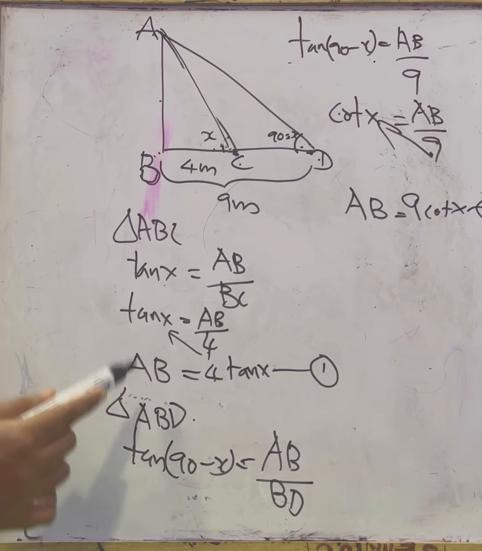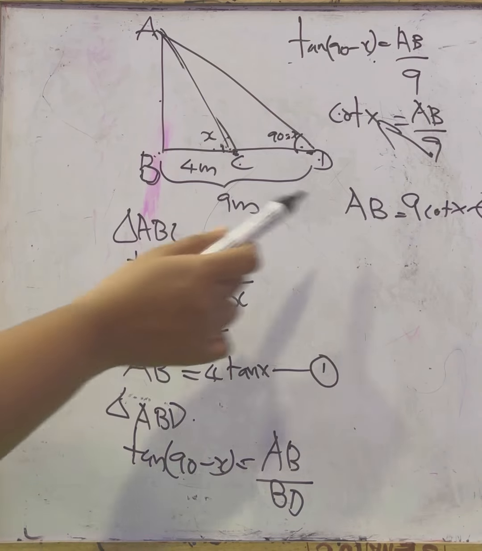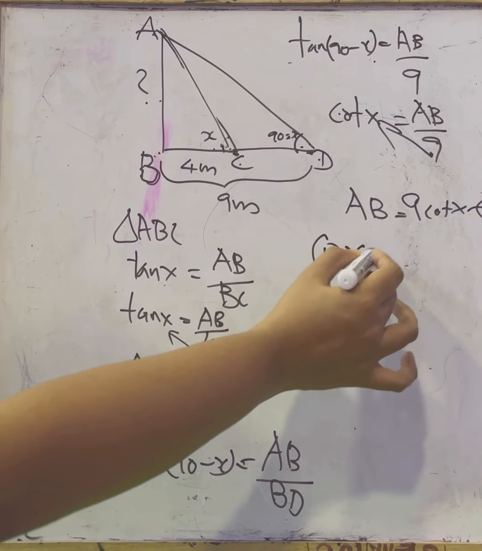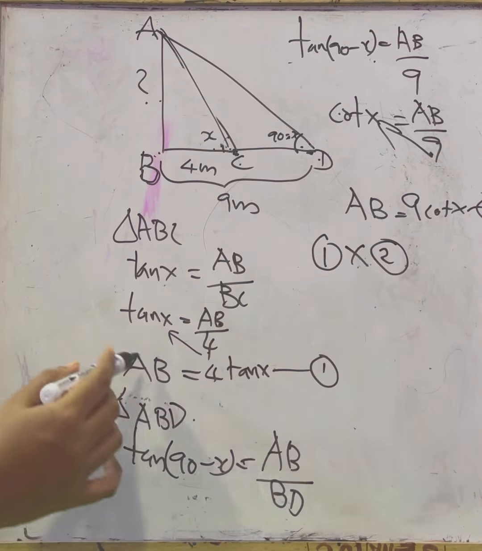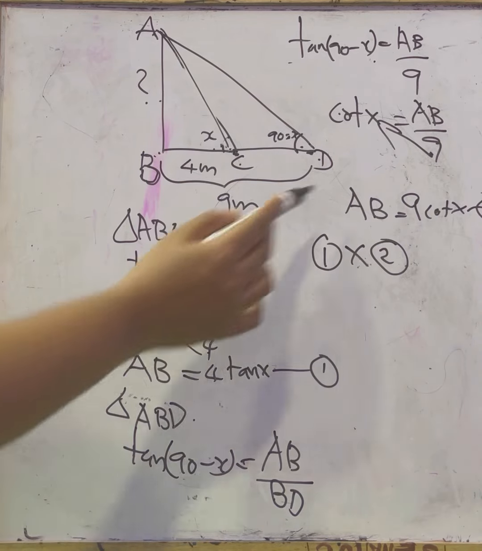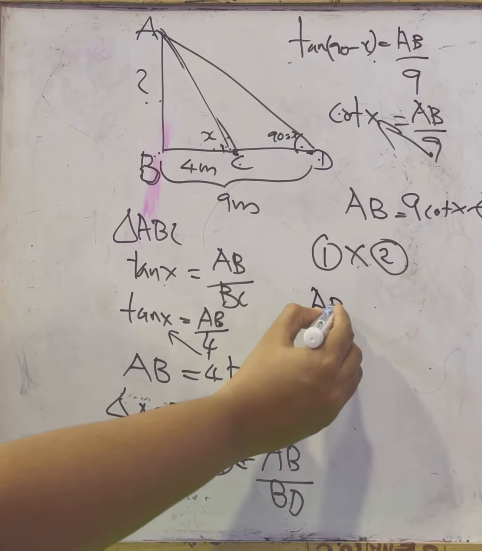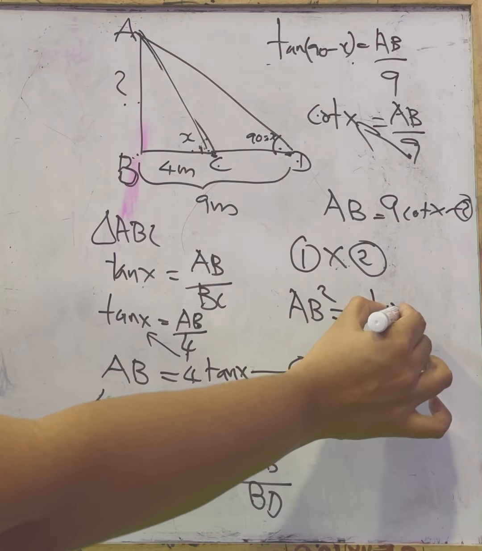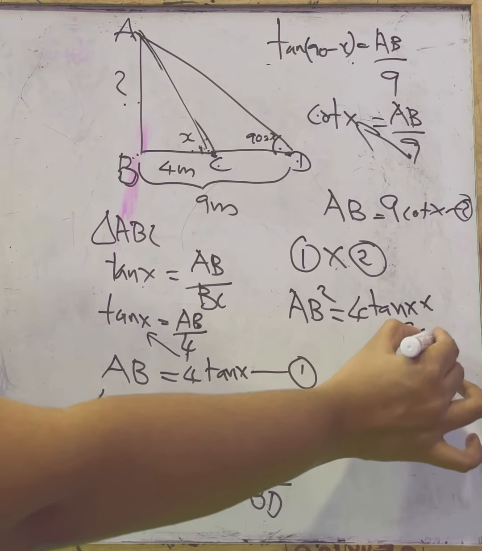So from the first equation AB equal to 4 tan x and from the second equation AB equal to 9 cot x. Here we have to find out the length of AB. That was the question. So we will multiply equations 1 and 2. On the LHS you can see AB into AB, that is AB square, is equal to the RHS part, 4 tan x into 9 cot x.